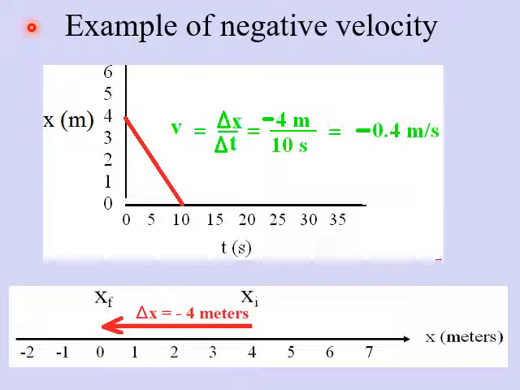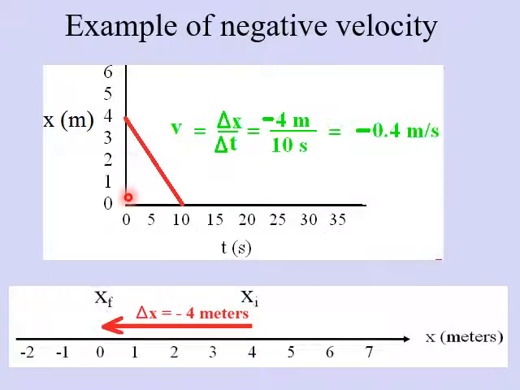Now that we know how to use position versus time graphs to figure out velocity, we can also take a look at an example where the velocity is negative. So look at this graph here, which shows the motion of some object. Notice the slope here is pointing down. It's a negative slope. And so we can do a couple things here. Before we actually calculate the velocity, let's take a look at what the displacement is here.